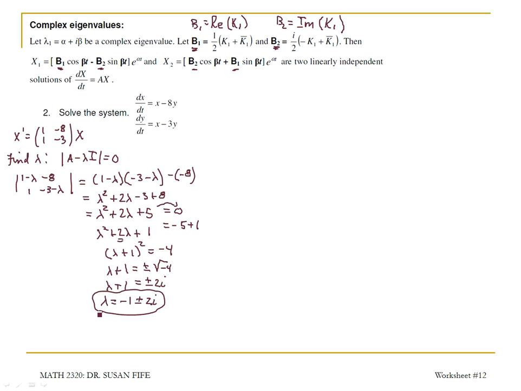Okay, now to find the eigenvector, you really only have to find one eigenvector. You don't have to use both lambda equals negative 1 plus 2i and lambda equals negative 1 minus 2i. I'm going to use just the plus 2i.